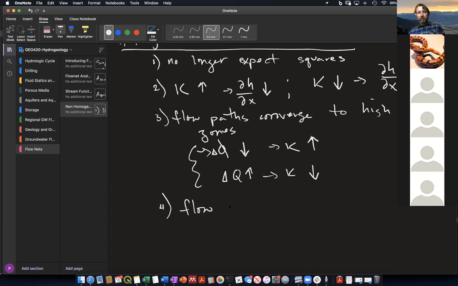The corollary to this is flow paths diverge in low perm zones, in low conductivity zones.